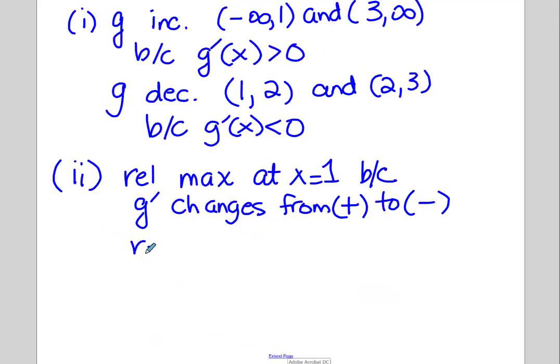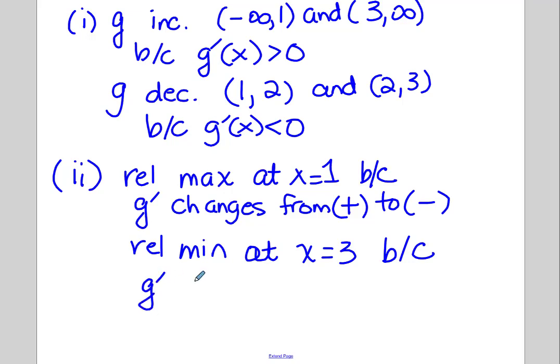And then there's a relative min that happens at 3. And the reason for that is the derivative changes from negative to positive. So first derivative test. This is a great tool.